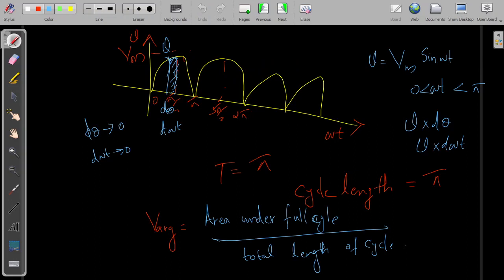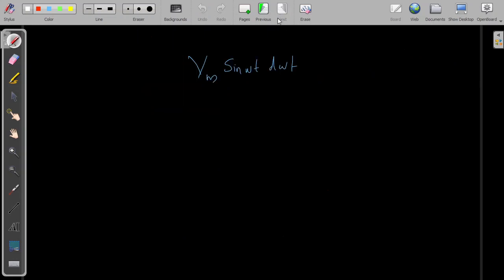If you want the entire area over one cycle, you have to integrate between the limits 0 to pi: integral Vm sin omega t d omega t from 0 to pi, and that is what we mean by area.